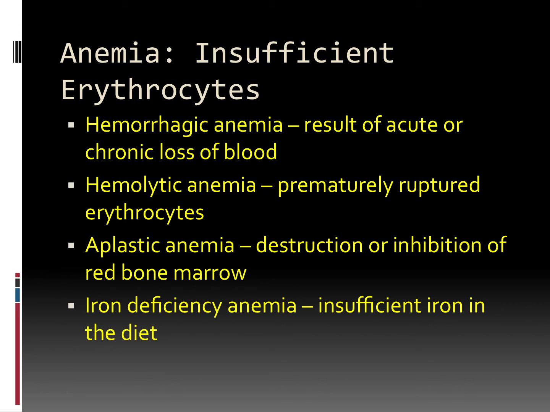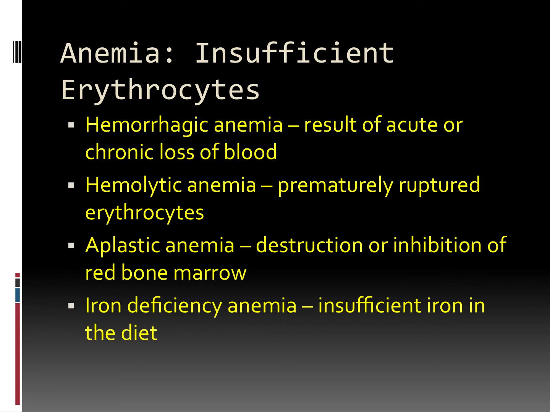Aplastic anemia is when the bone marrow itself, the red bone marrow, isn't making new red blood cells. Maybe the red bone marrow was destroyed for some reason, or it's just not producing red blood cells as it should. And then a fairly common cause of anemia is iron deficiency.